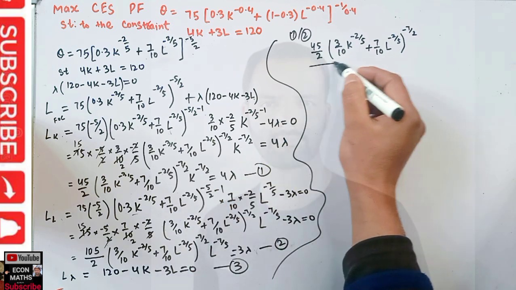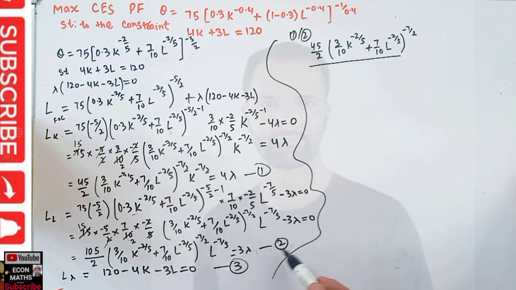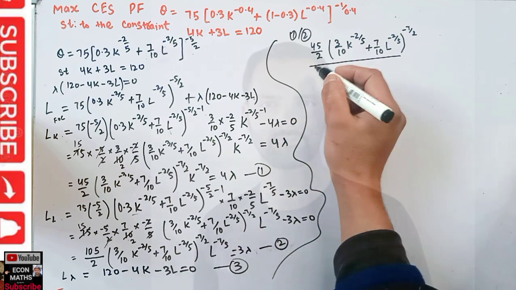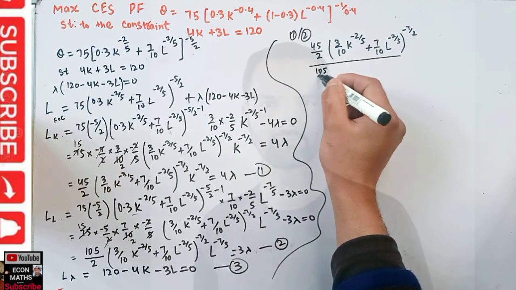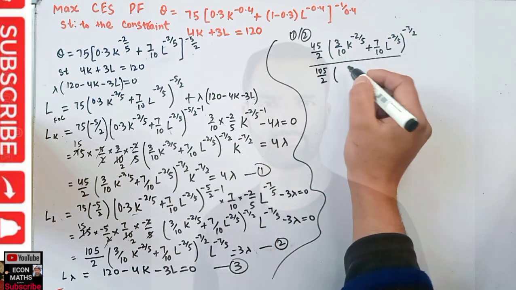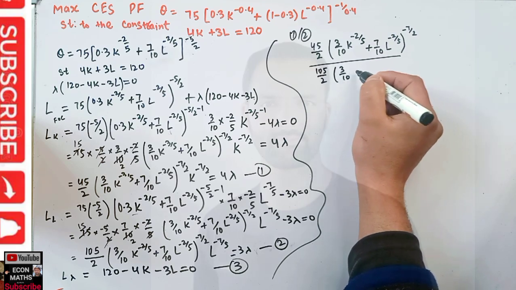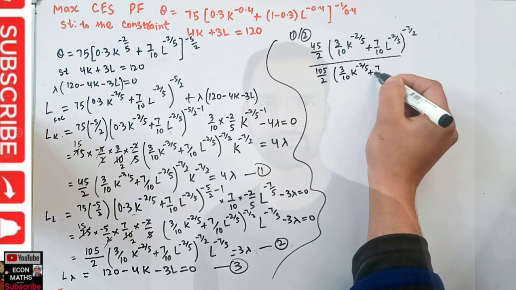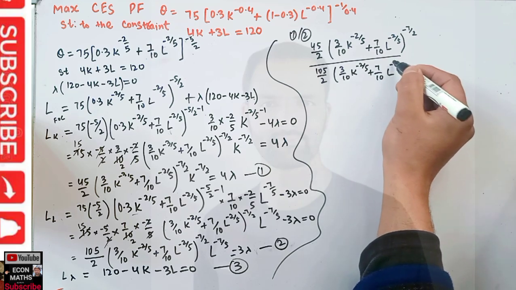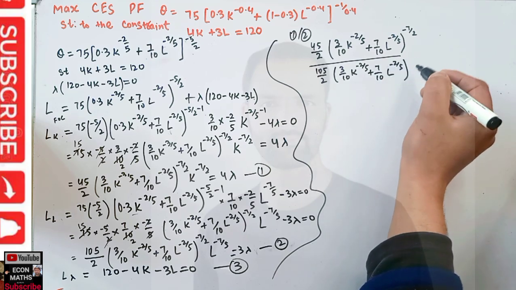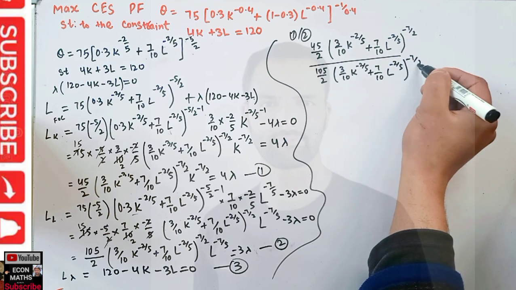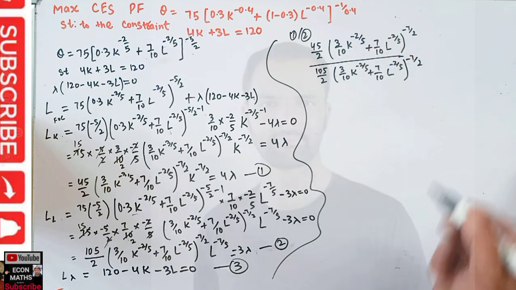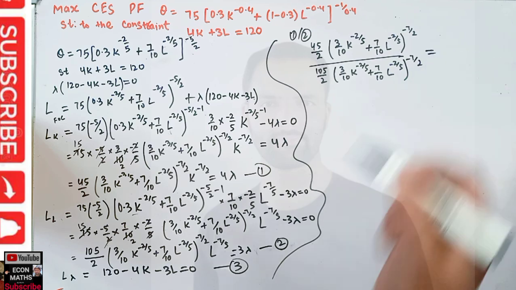Okay, and to this we will divide equation second, that is 105 upon 2. This is the same, that is 3 upon 10 k to the power minus 2 upon 5 plus 7 upon 10 L to the power minus 2 upon 5 whole raised to the power minus 7 upon 2. Okay, this is the LHS. So what is in RHS?